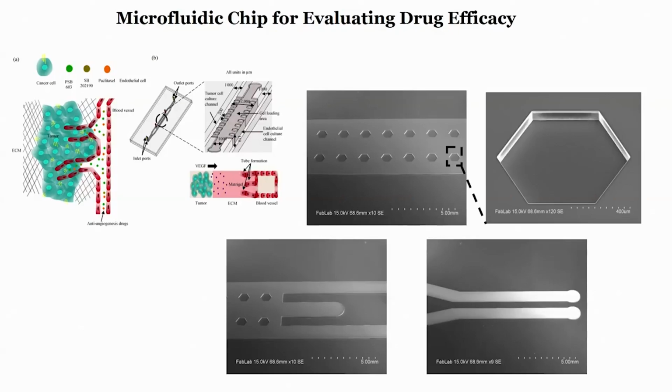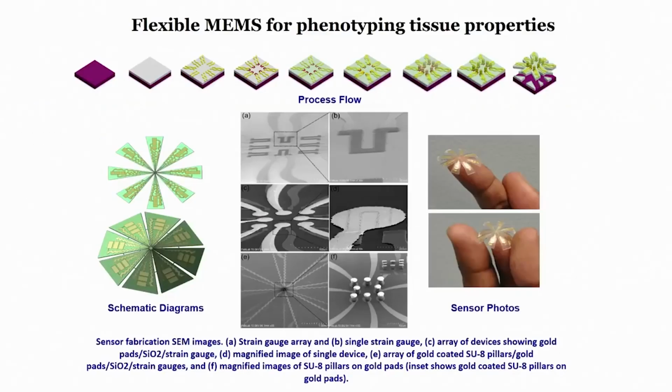Then we go to the next slide, and this is a very interesting application of flexible MEMS, flexible microelectromechanical systems based sensors for phenotyping or understanding tissue properties, all right.